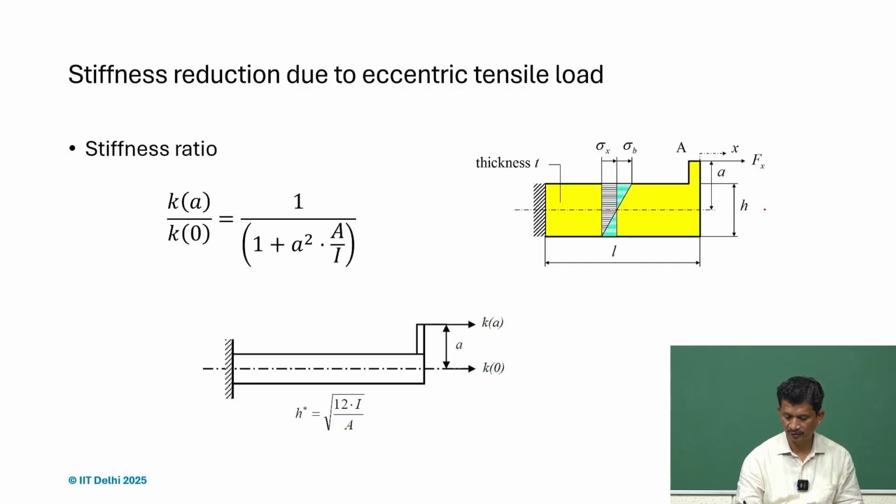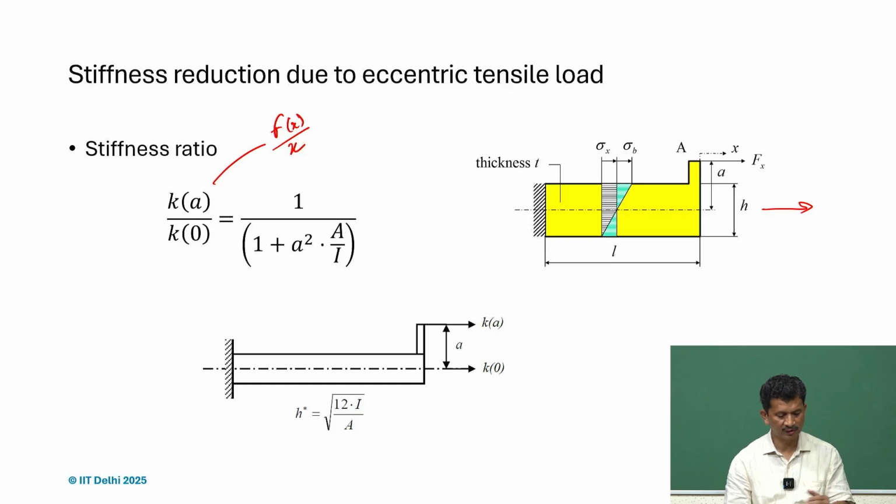When it's acting at this point, that is K naught, and Ka is the Fx over the displacement. So if we try to find the relationship, that is the stiffness ratio we get.